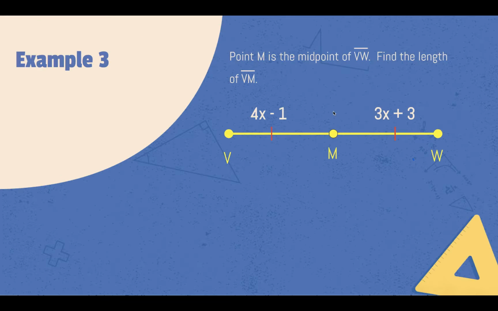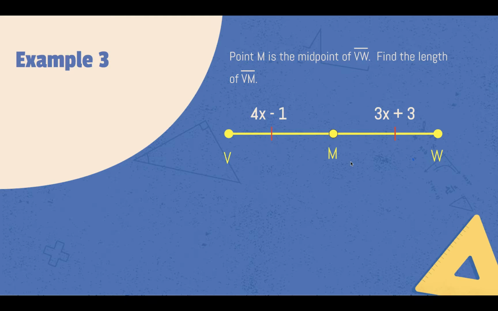Okay, let's move on. So here's an example. We're given this diagram, and we are told that point M, this point right here, is the midpoint of segment VW. So here's segment VW. We're told that M is the midpoint. This sentence is a little bit redundant, because we didn't have to be told this, since this diagram already communicates that.